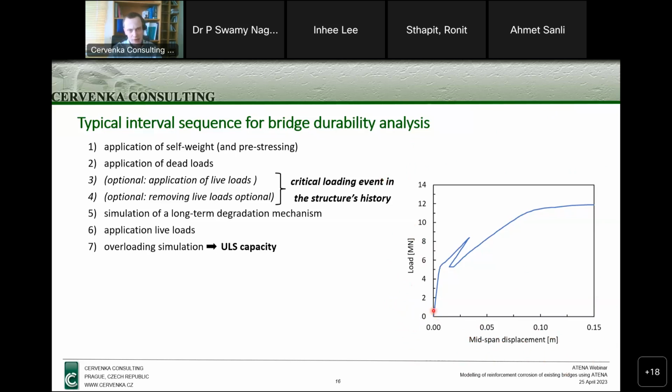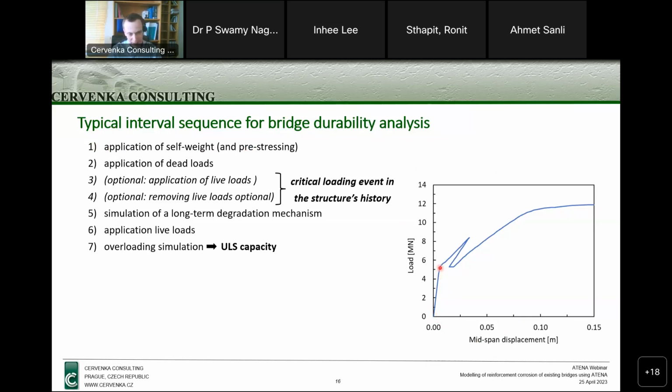This diagram shows several stages. So typically, such a problem will have several intervals. Probably we will start with application of the self-weight and prestressing. In this analysis, it corresponds to a load level of approximately 5 meganewtons.